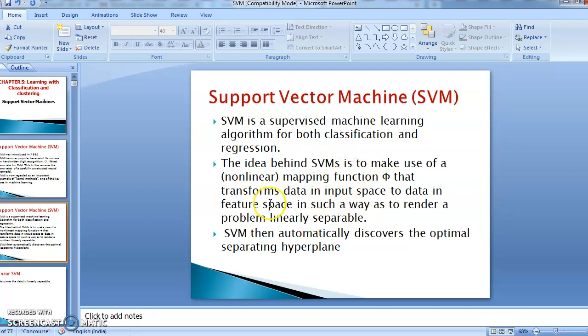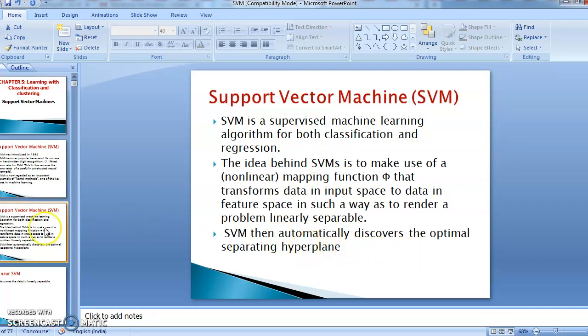Whatever the input data is, we apply the mapping function so that the data points are transformed into a higher dimensional space. After that, SVM identifies the class with the help of a hyperplane.